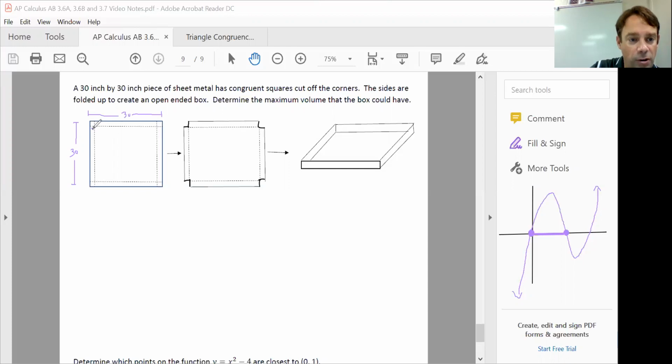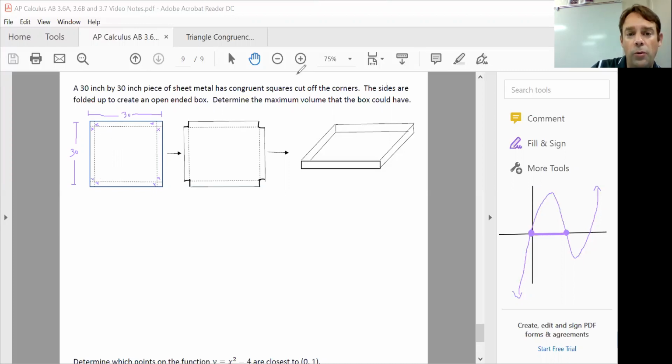So I'm going to cut x in here, x in on this side, x in on this side, and x in on this side. So I'm going to take this piece of sheet metal and cut it in.